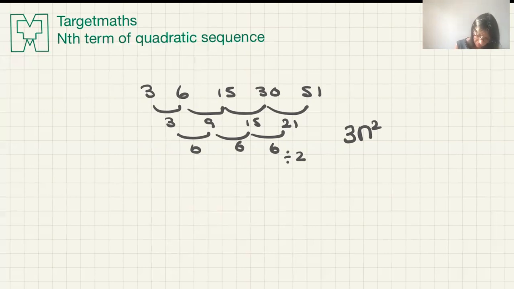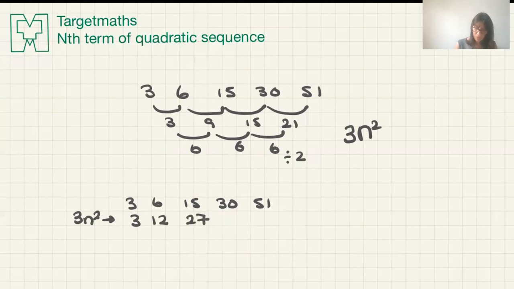Now I just rewrite the original sequence, 3, 6, 15, 30, 51. And I'm going to write down my 3n squared. 3n squared is giving me 3, 12, 27. Okay, if you're wondering where that is coming from, I'll just quickly show you this one here.